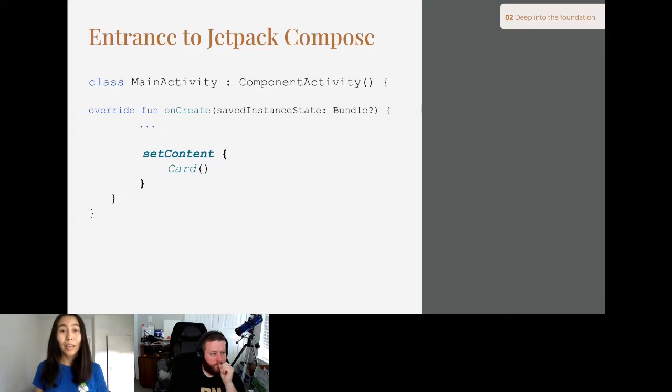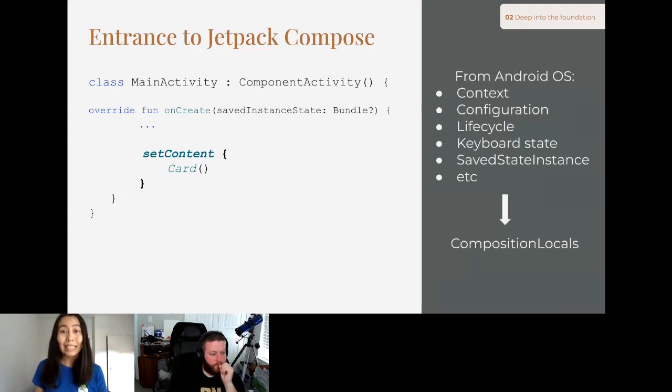On the other hand, it is also responsible for passing down all the platform-specific information like context, keyboard state, lifecycle, saved state instance, and so on, as composition locals down to the runtime.